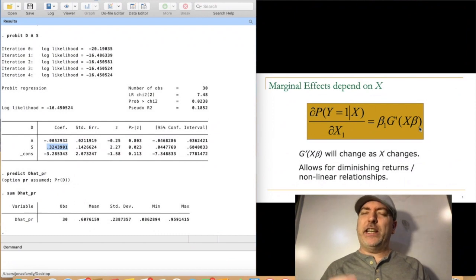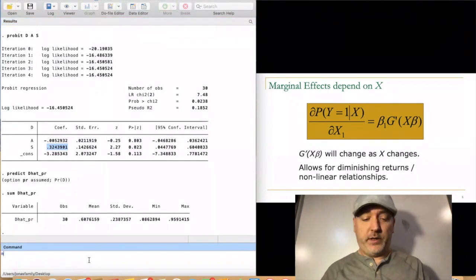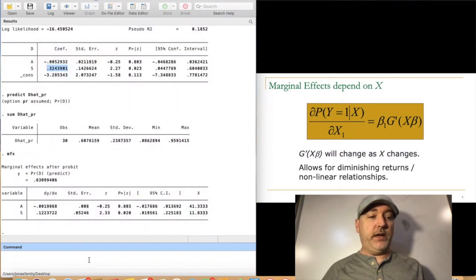It's a lot easier to see and manipulate what that derivative function is going to look like. You don't really want to have to take the derivative of the integral of the standard normal density. But the good news is Stata does it for us either way. So usually when you're running the probit model, the first thing you're going to want to do is type in mfx after you estimate.